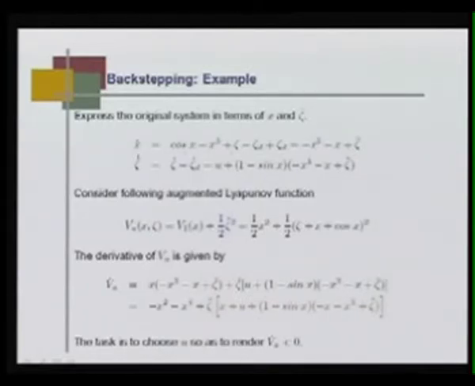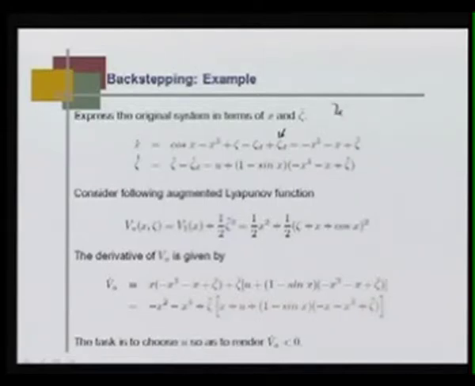So, I rewrite the first subsystem, x dot is cos x minus x cube plus xi. This was my original one. I add xi d and subtract xi d.